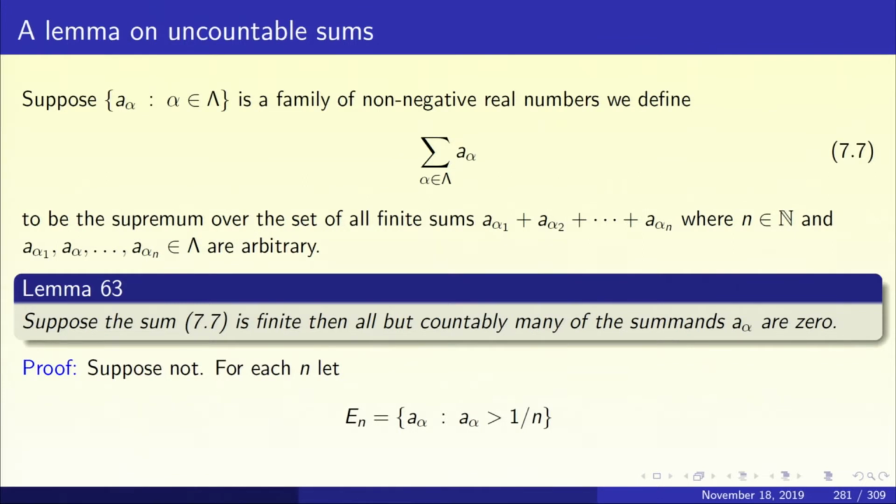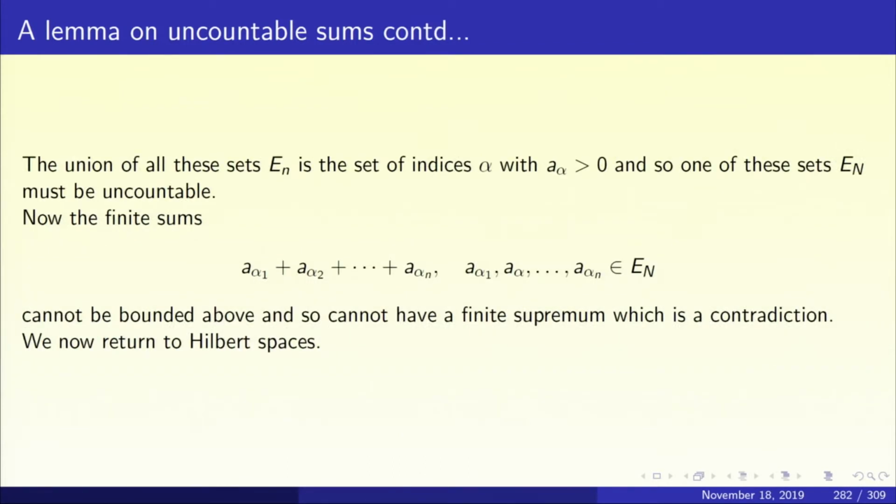Suppose that uncountably many of the A alphas are non-zero, that means they are positive. So, let us look at the set En to be the set of all A alpha such that A alpha exceeds 1 upon n. So, look at the union of these sets En.